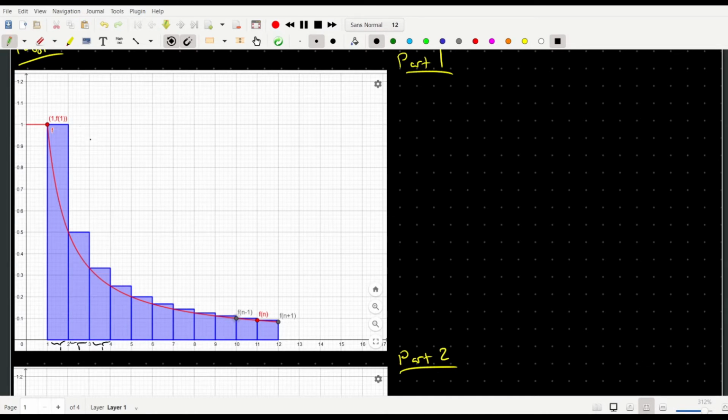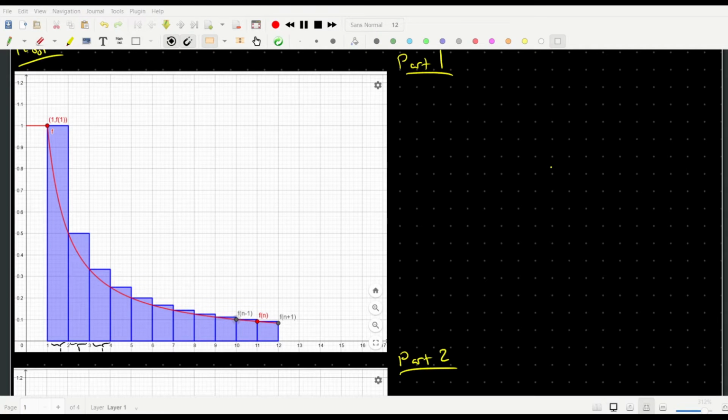And because of the definition of the terms in this series in terms of this function f, that means the height of this rectangle is a1, the height of this rectangle is a2, the height of this rectangle is a3, a4, and so on and so forth. Because the base of each rectangle has a width of 1, the area of each rectangle is also this corresponding value.